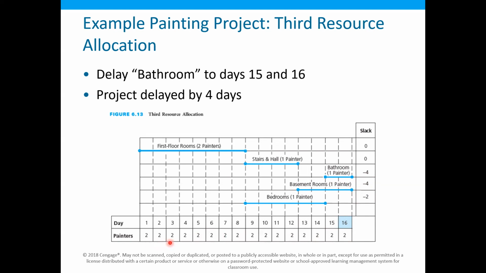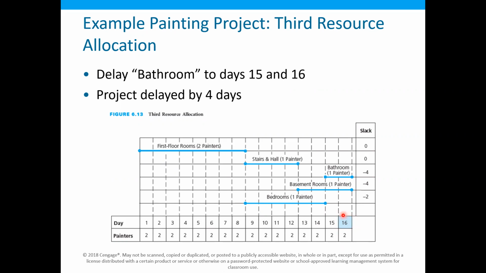And in this way, we can then schedule the project. This schedule is meeting our requirement, and the requirement is forced by the limitation of the resources, that is, the 2 painters in the project.